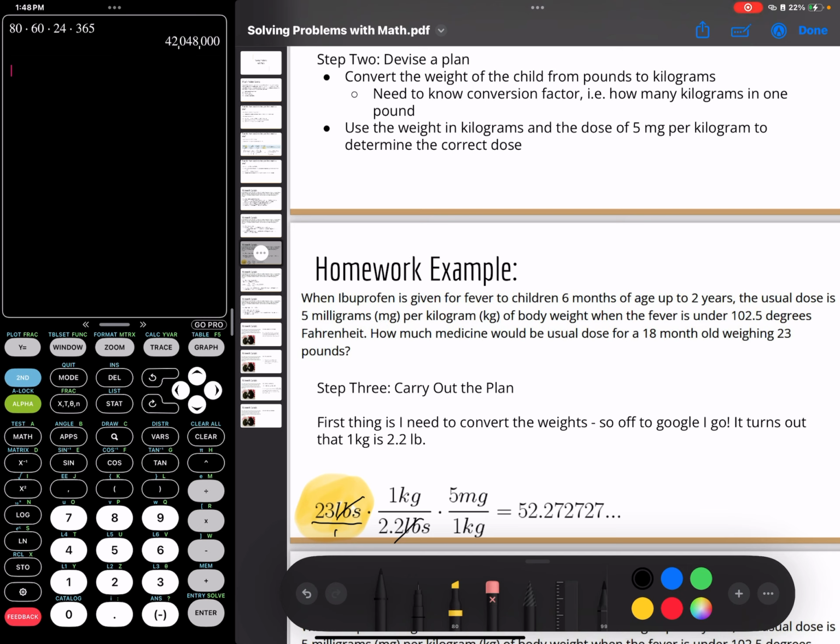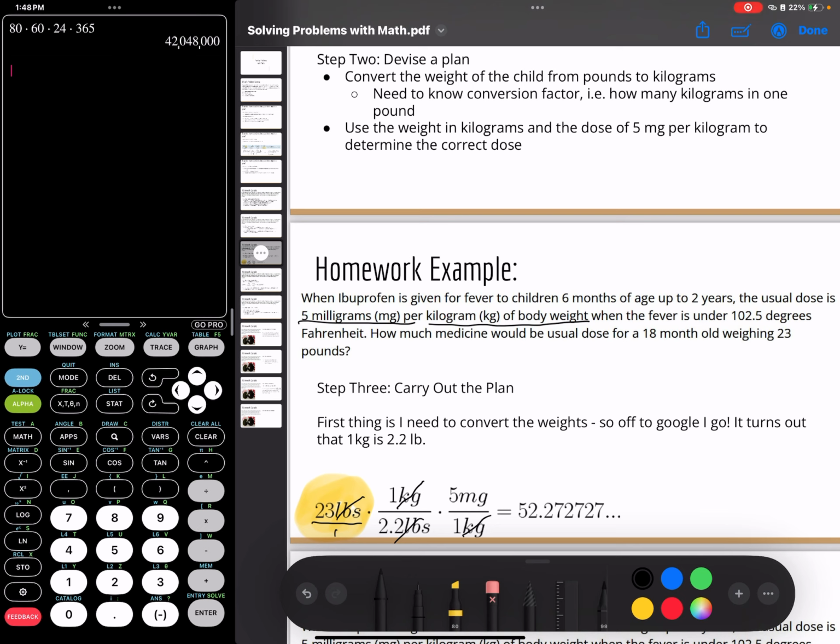And I know that for every kilogram of body weight, I need 5 milligrams of ibuprofen. So then I'll go ahead and set that up here. For every 5 milligrams of medicine, 1 kilogram of body weight. And now I can cancel kilogram and kilogram. So at the end of this process, I will be left with milligrams that I need to give my child.